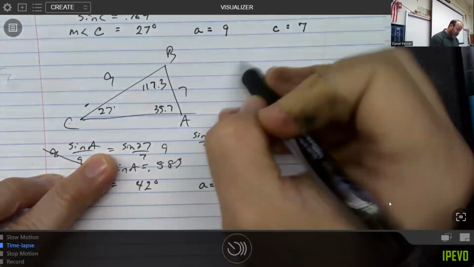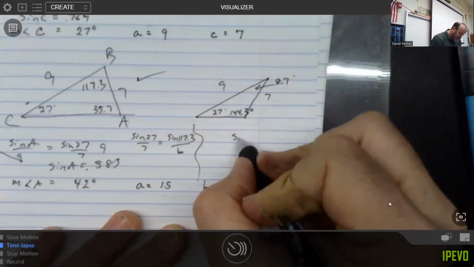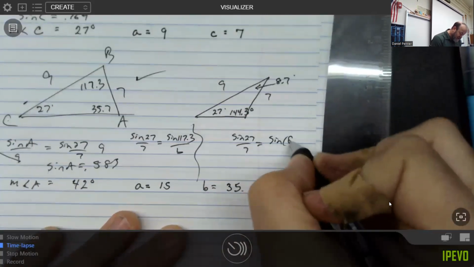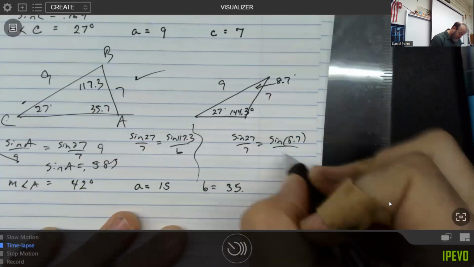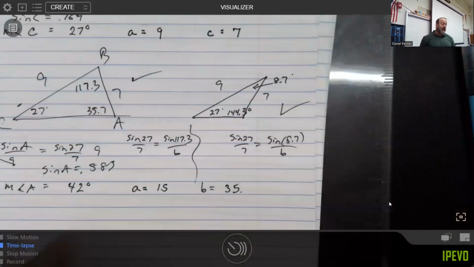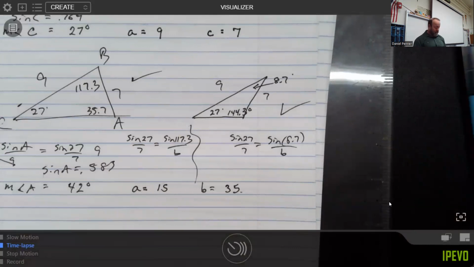I could get this one and find this triangle. Over here, I could say the sine of 27 over 7 equals the sine of 8.7 over some other value b. And I could get this triangle, and in fact, that means there's two solutions, and they're both valid, and we would need to solve for both of them.